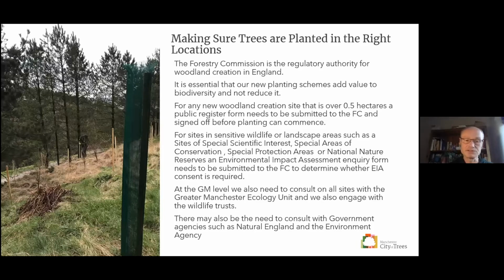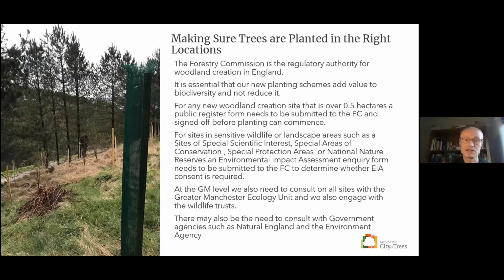Now, what's important to say here is that when we're looking to plant more trees, we need to do it in appropriate locations. We need to do it in places that is going to add benefits, a range of benefits, and not least of all, biodiversity benefits. So we need to be careful that we're not planting woodlands in areas where there are already existing important habitats.